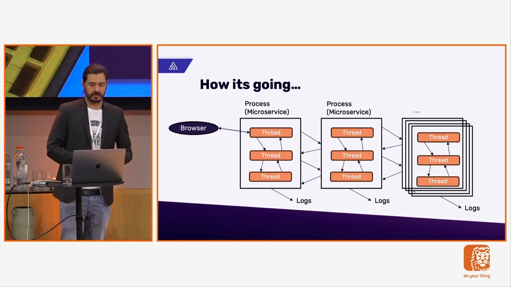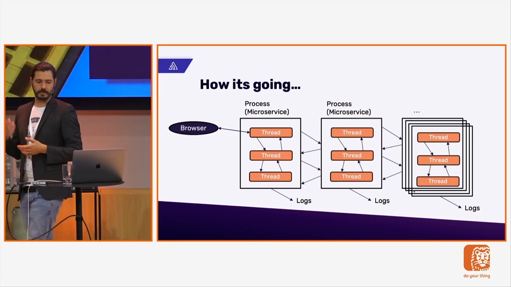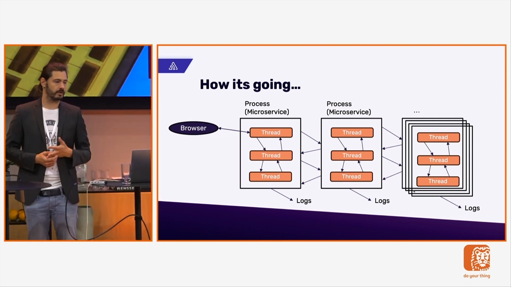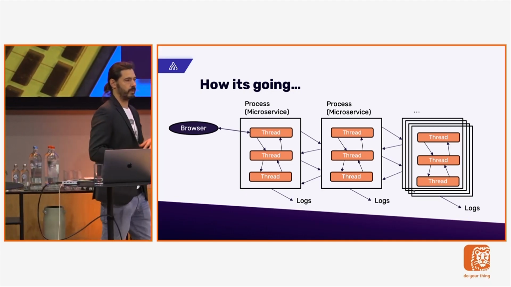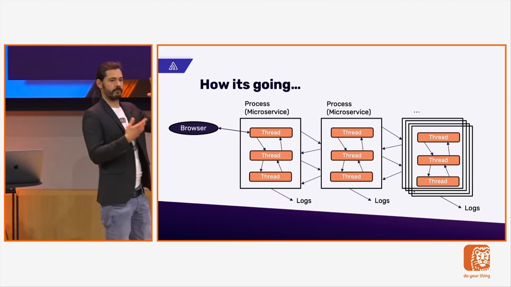Now, through the advent of Docker, Kubernetes, Cloud Functions, and so on, things got a wee bit more complicated. So we don't have just multiple threads on a single server, we have multiple threads on different, for example, Docker containers on the same server, or on a serverless environment, or on distributed servers all over the world.